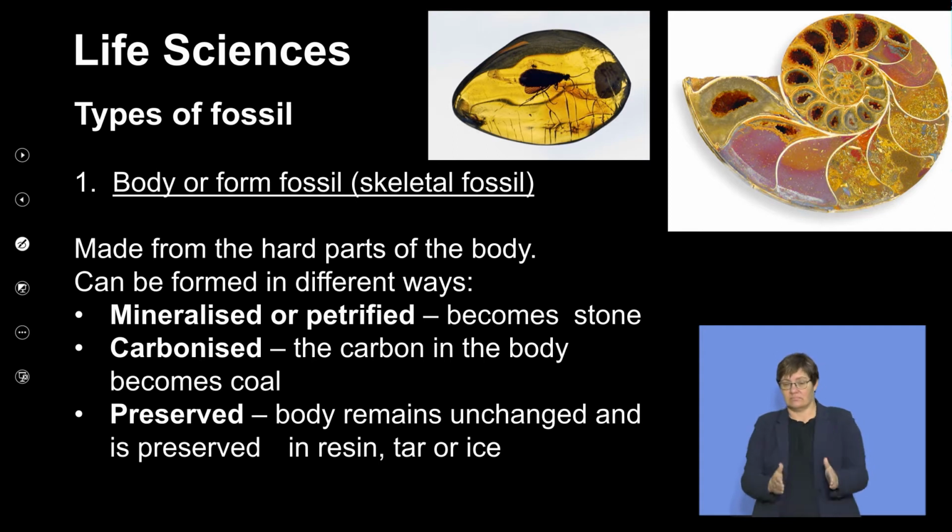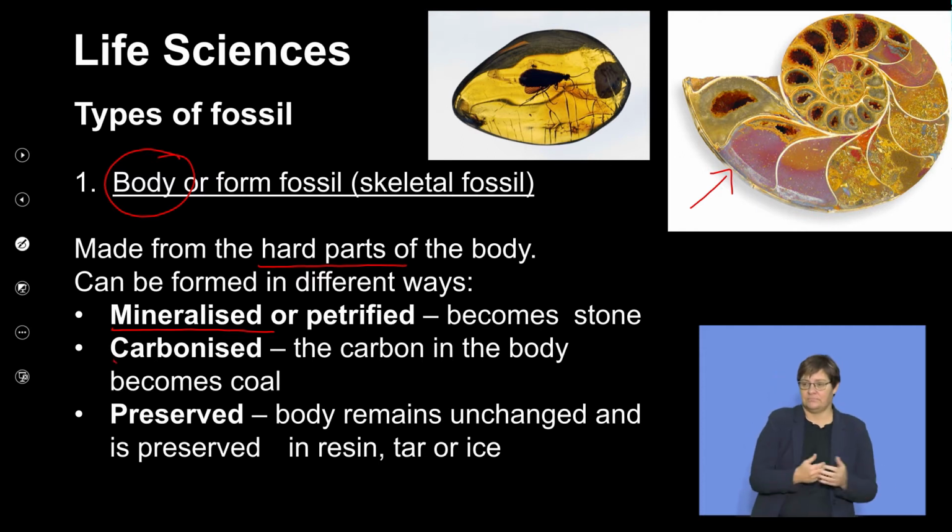Then there are different types of fossils. First of all, the most common type of fossil is the body fossil, where you're actually looking at what the animal looks like, and that is made from the hard parts of the body. It can be mineralized. That's one of the methods, and that is what happened in this particular fossil.